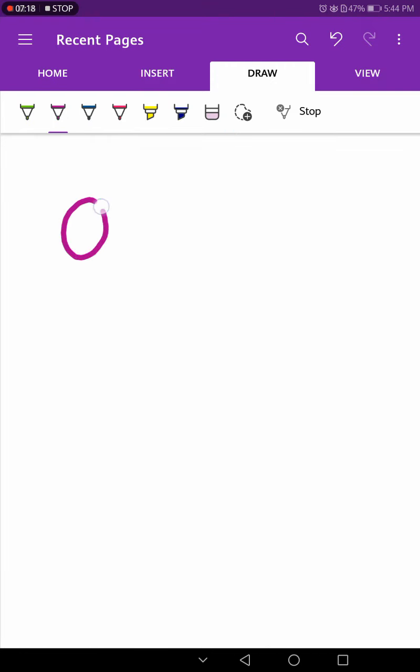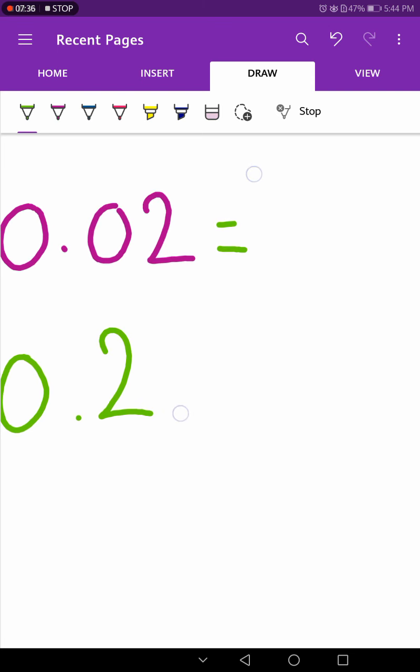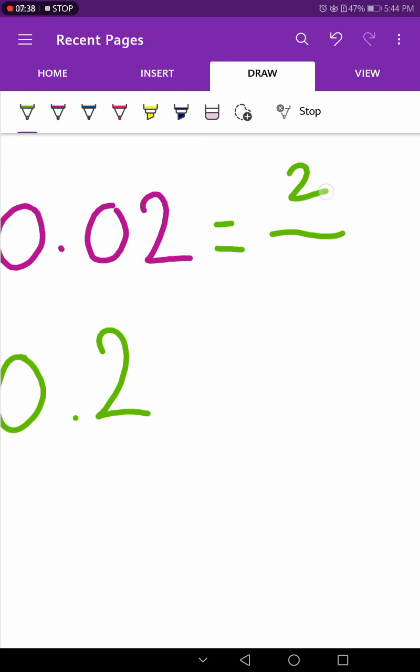This is the 0.02. Read it, Yaman. 2 hundredths, yes, but this one, Ayman, is 2/10. This we write as a fraction, 2 over 100, because it's 2 hundredths.